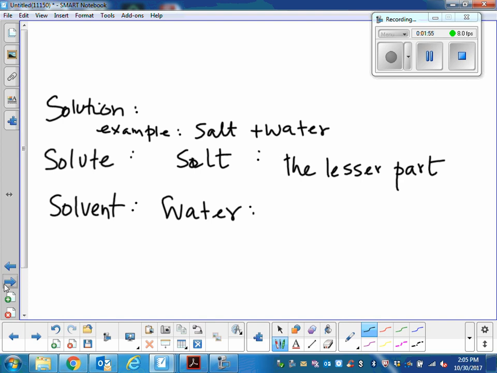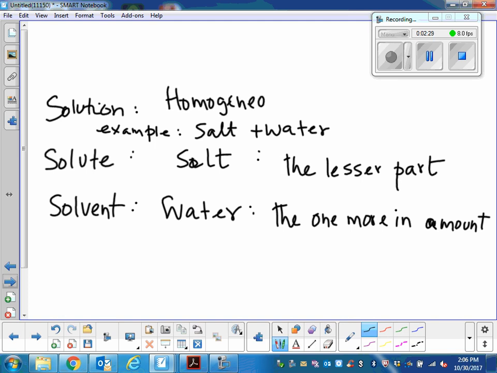The one that is more in amount is called the solvent. Now, when you mix salt with water and make a solution, is it an element, compound, homogeneous, or heterogeneous mixture? It's a homogeneous mixture. Solutions are always homogeneous mixtures.